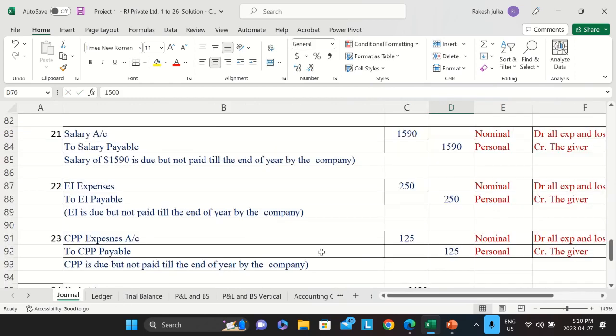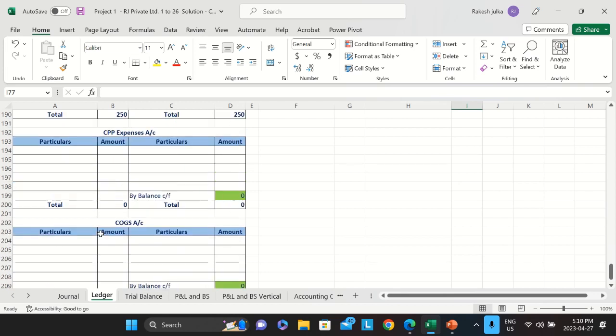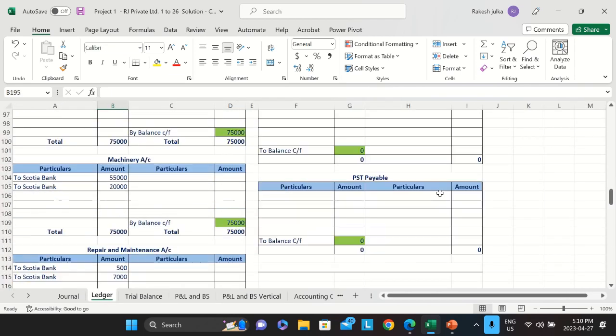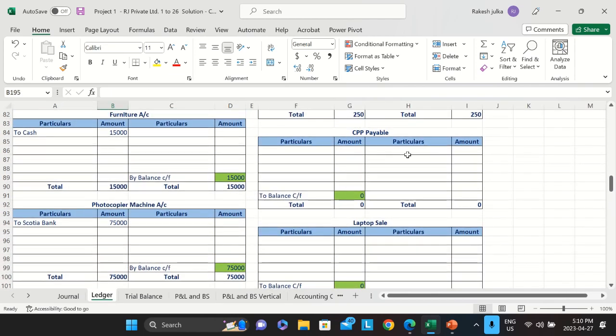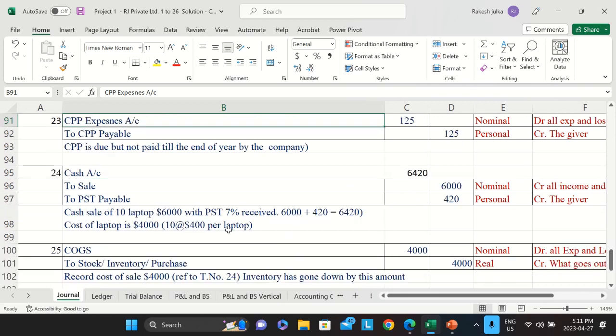Next, we have 125, CPP expenses to CPP payable. CPP payable is the liability, and here 125. So in the CPP payable you will write here "by CPP expenses", 125, right? CPP expenses is done.